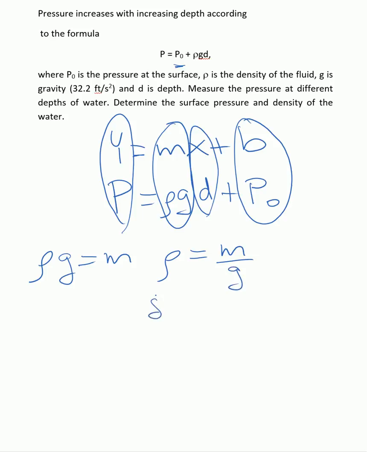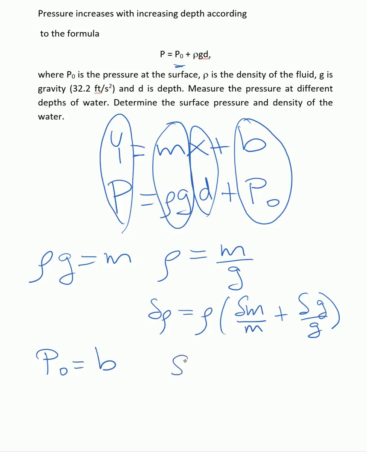The uncertainty in rho, using our uncertainty propagation formulas, will be rho times delta m over m plus delta g over g. And our value of the surface pressure is just equal to the intercept, and delta P naught, the uncertainty in that measurement, is just whatever we had for the uncertainty of the y-intercept.